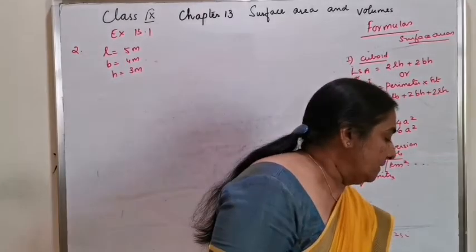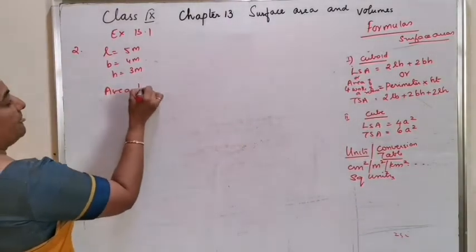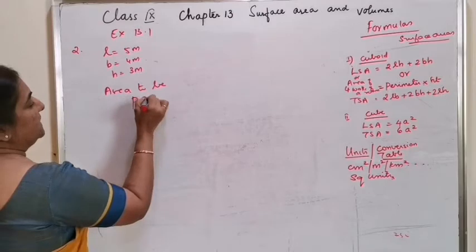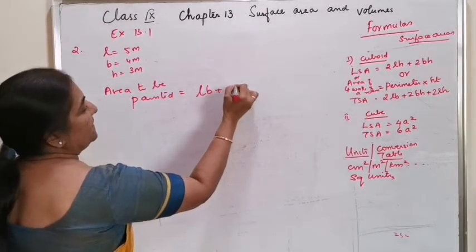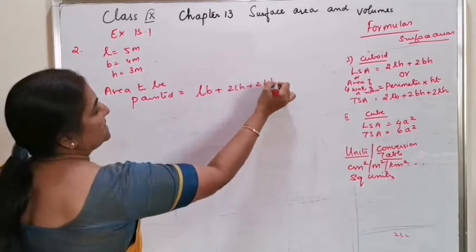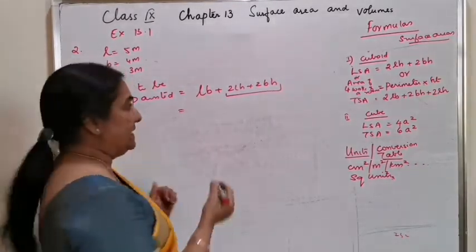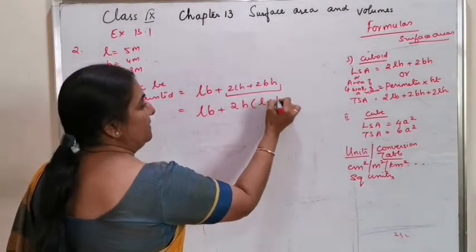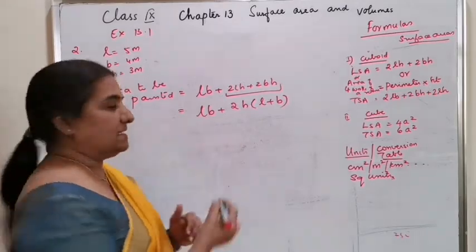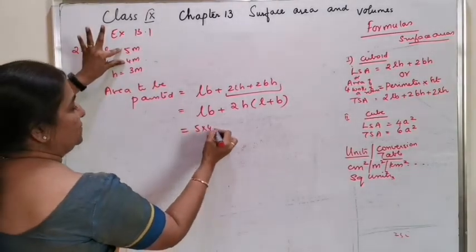So, area to be painted, you can use the statement: area to be painted is equal to LB plus 2LH plus 2BH. If you want, not like the previous problem, you can take the common factor outside as LB plus 2H into L plus B, and then substitute the values. L into B, 5 into 4, plus 2 into height 3 into length plus breadth, 5 plus 4.